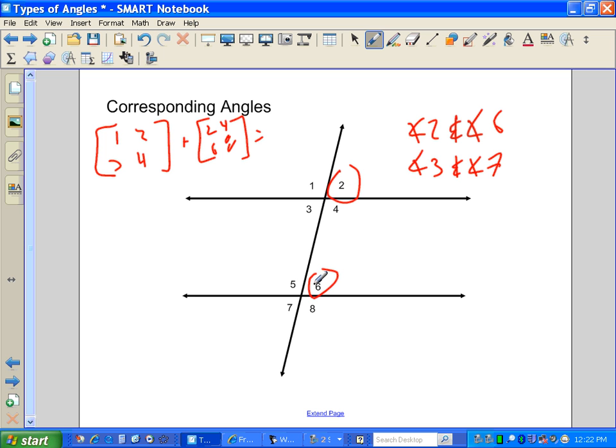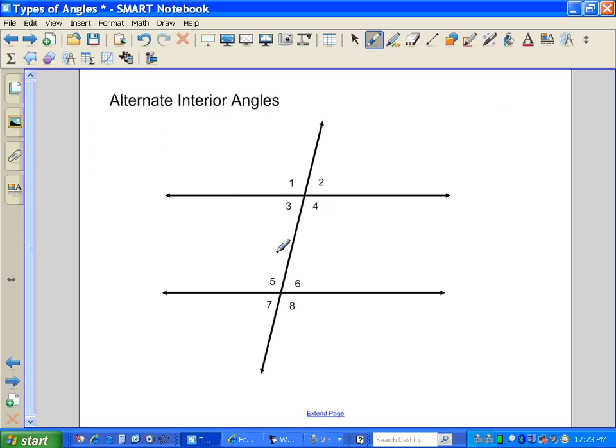Angle 6 above the line to the right. Okay. The thing about these, if I have the two lines that are parallel to each other, then the angles are the same. So if L is parallel to M, then angle 2 is congruent to angle 6. Okay, we're going to hold off on that for a brief moment.